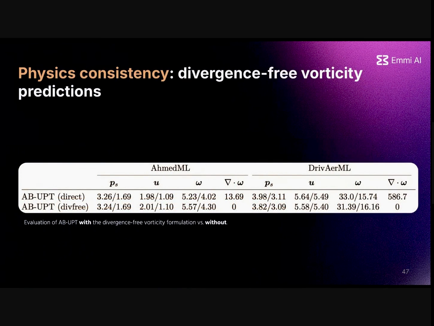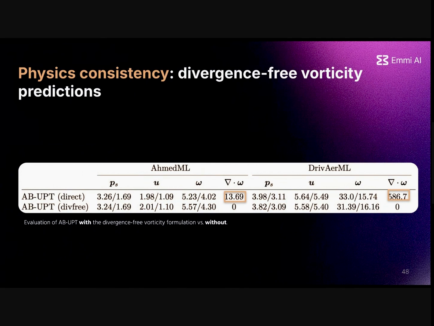Then the final thing that we would like to discuss is the physics consistency that we can model by using this neural field decoder property. Because those query points are independent of each other, because they only have cross attention, we can actually add hard constraints to the model to make the predictions, for example, the vorticity predictions, physics consistent by making them divergence-free.